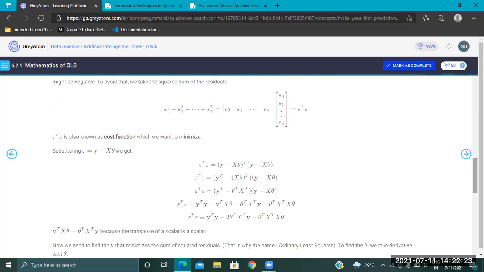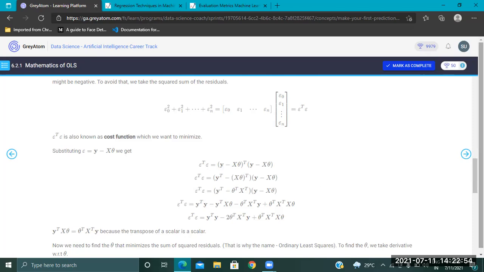After that, the cost function. What do we mean by cost function? Actual value minus predicted value is known as the cost function. Here this is the actual value, and here we are going to predict this value. So I am subtracting: y is the actual value minus x theta, which is the predicted value.